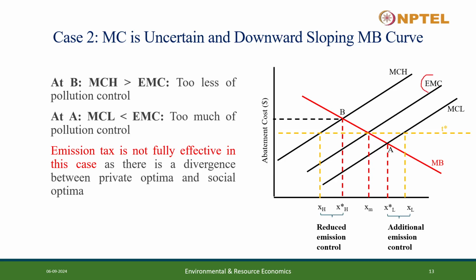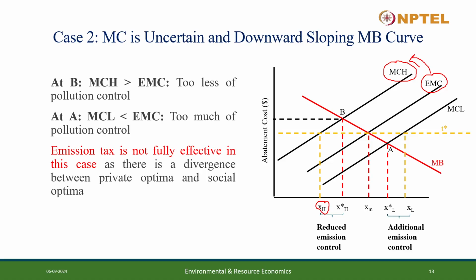So this is my expected marginal cost, which is done by the regulator. However, the marginal cost is higher than expected. So the actual marginal cost which a firm is incurring is higher than the expected marginal cost. In this case, XH will be the level of abatement.